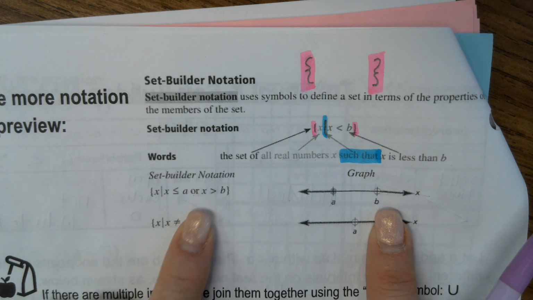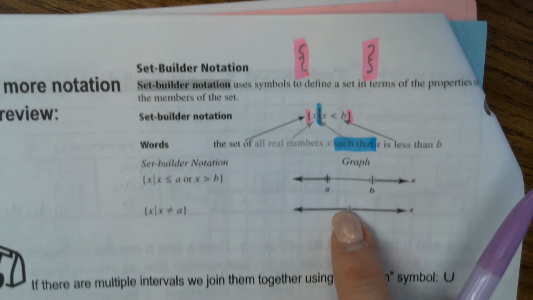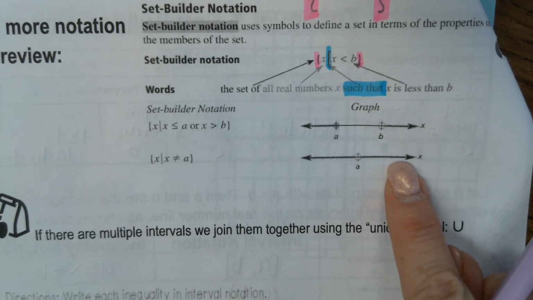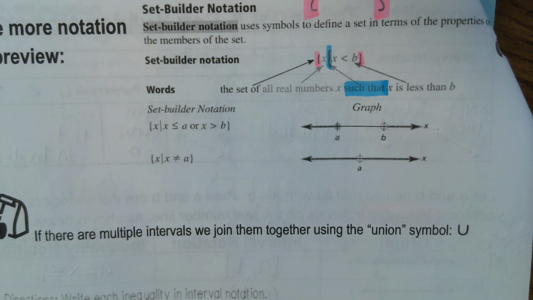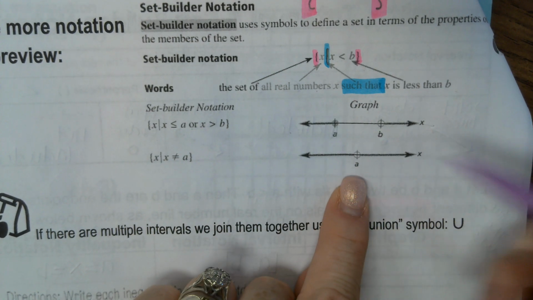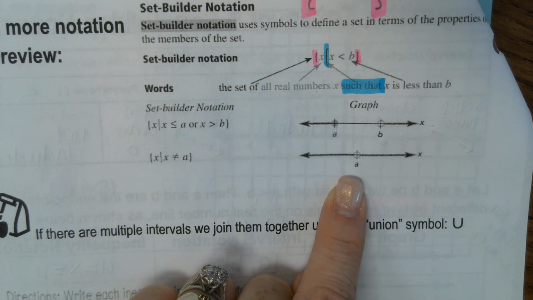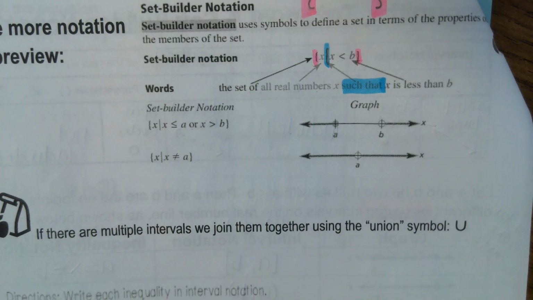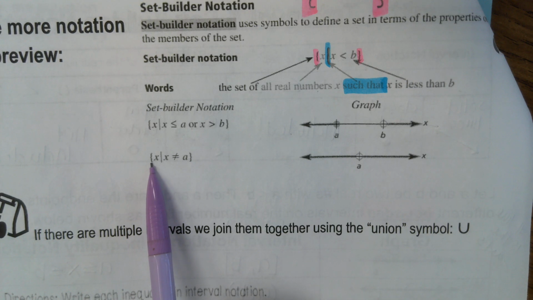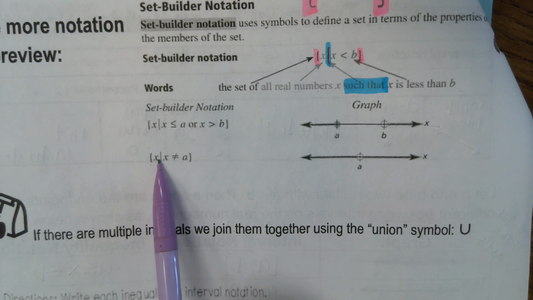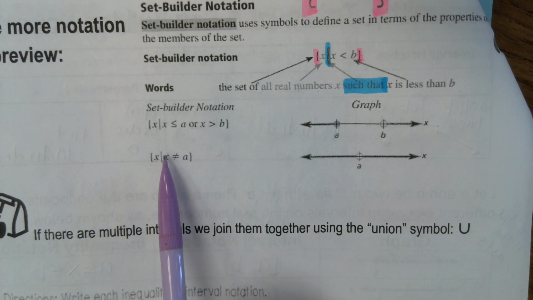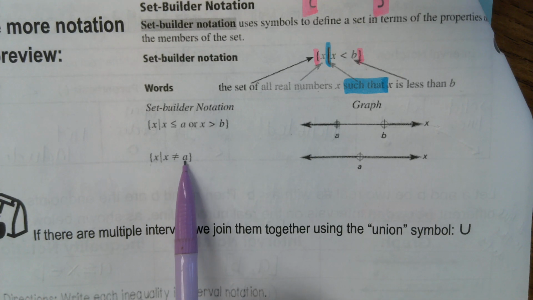You've got this number line and everything shaded except for this open circle a. So a is the only value on the number line that is not included. So this can be read, the set of all x values such that x does not equal a.